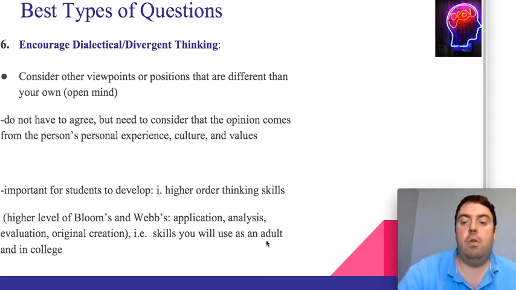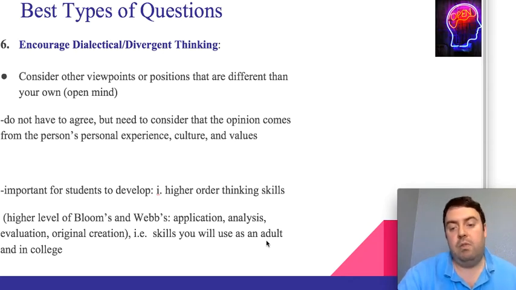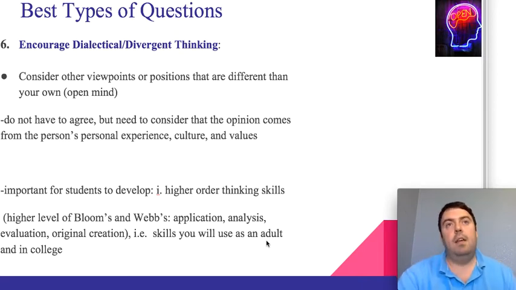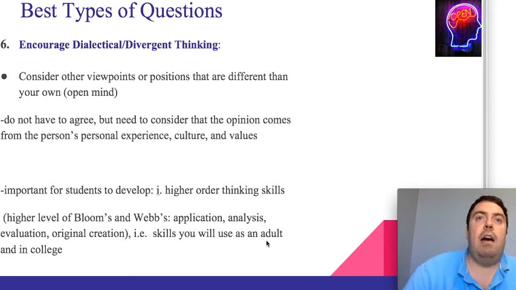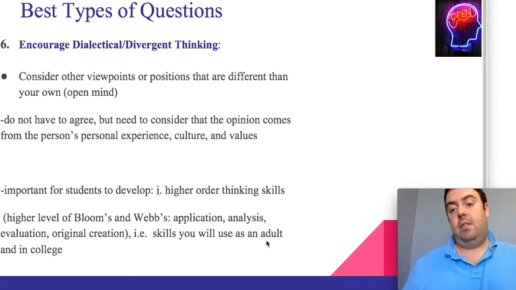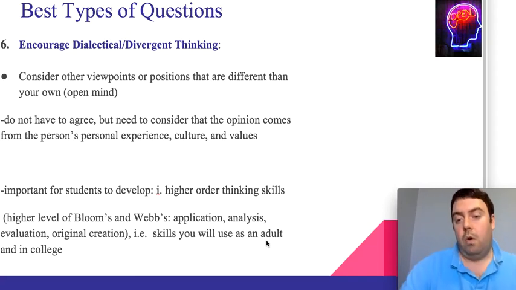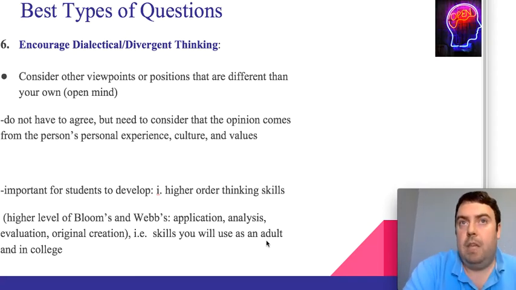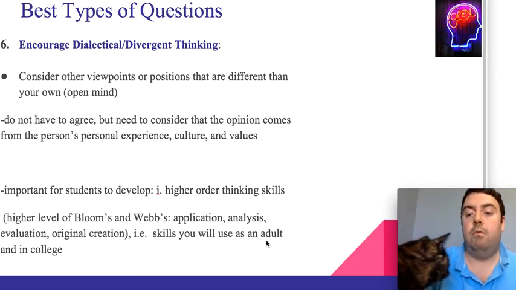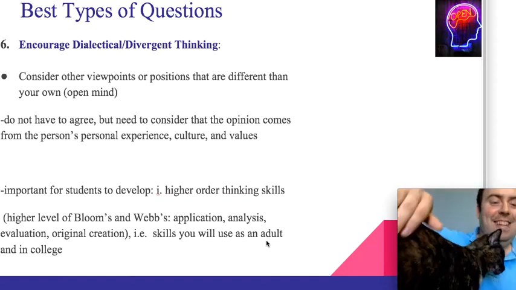So maybe you ask a question where students have to remember something, or you ask a question where students have to define or describe something, and then you ask a question where they have to apply the concept to a new situation, and then analyze the new information, or even evaluate the importance or make a judgment about the information, and finally create their own concept of the information.